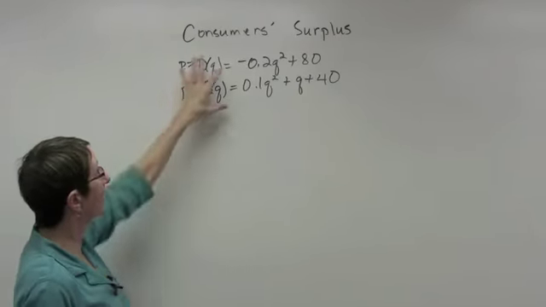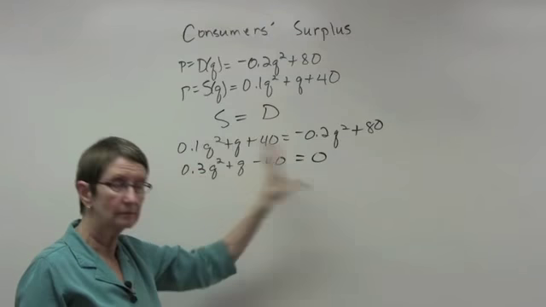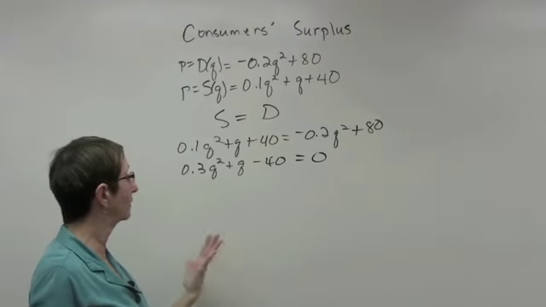We need to know when supply is equal to demand. 0.1 Q squared plus Q plus 40 equals negative 0.2 Q squared plus 80. I like my Q squared to be positive, so I'm pulling it over here. So I'll have 0.3 Q squared plus Q, subtract 80 makes it negative 40, equal to 0. We always want to try to get the 0 on one side and everything else on the other.